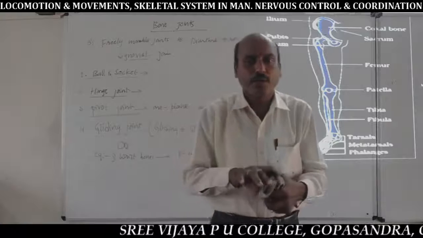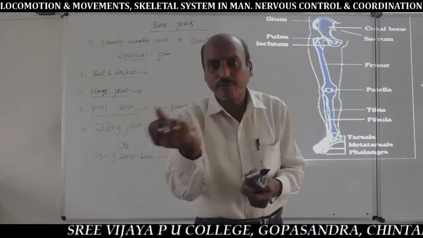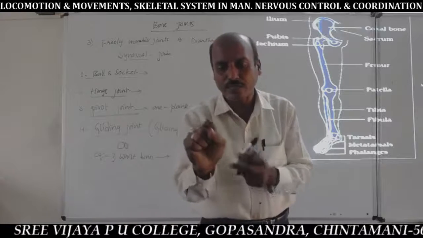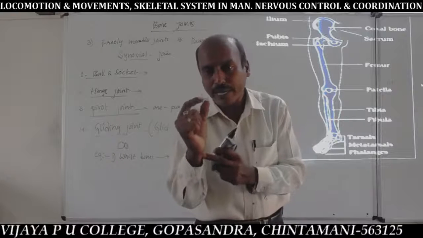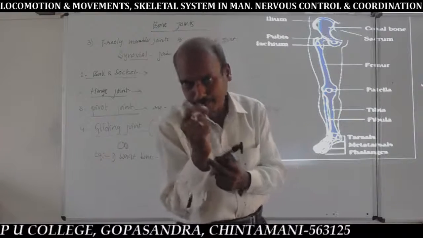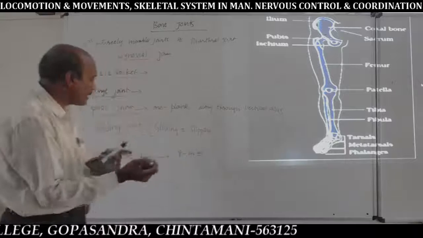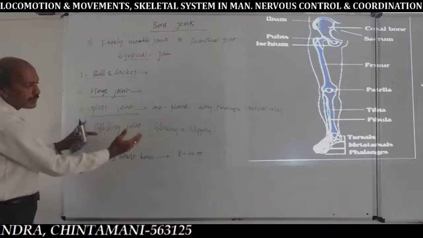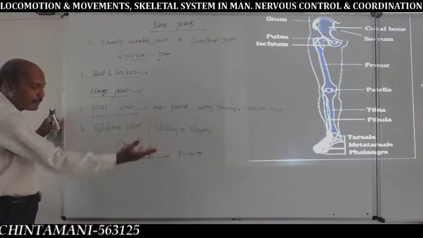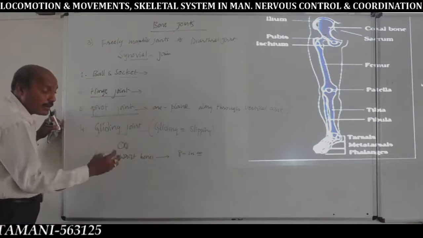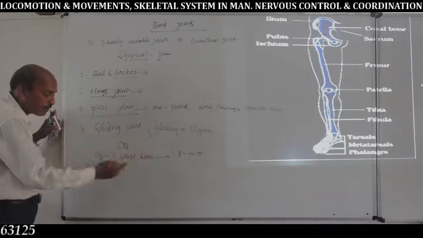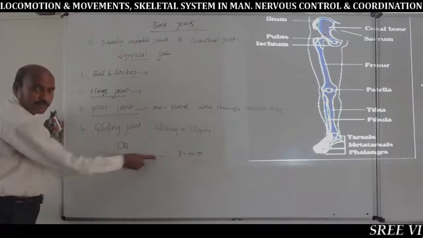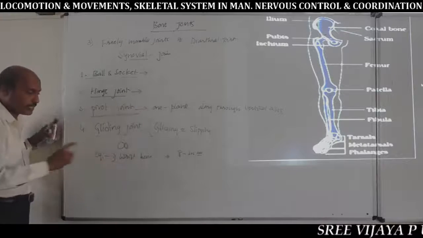During movement of the wrist in all directions, they show some kind of jerking, slippery movement. That is one type of gliding joint. So in total, gliding is nothing but slippery movement, slipping of one bone on another bone to show the movement. Example: wrist bones, wrist joint.